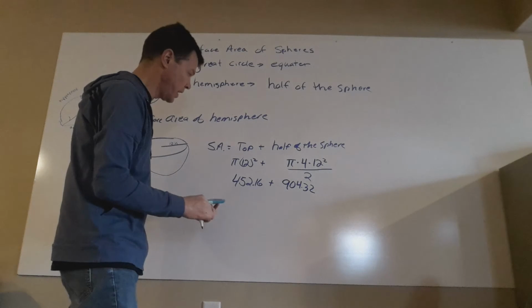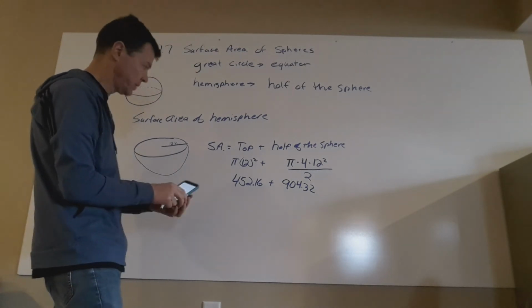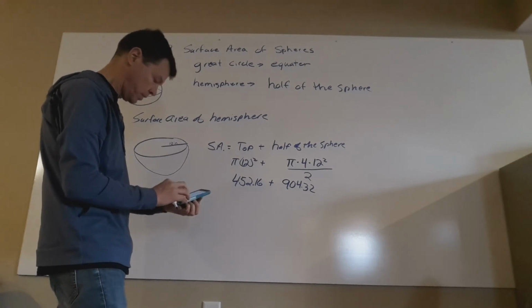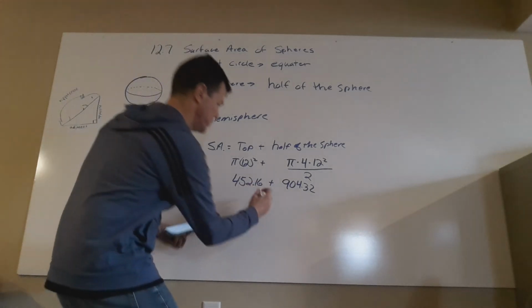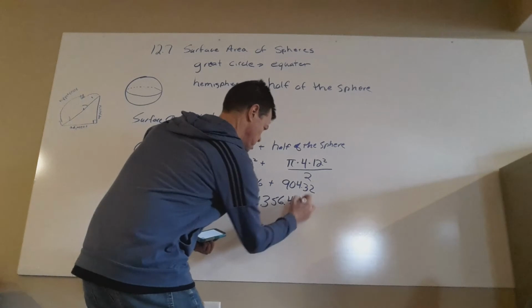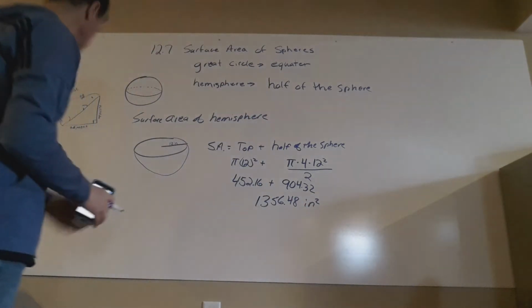Add these two together, and that'll be your total surface area of this hemisphere: 1356.48. And those are going to be your inches squared.